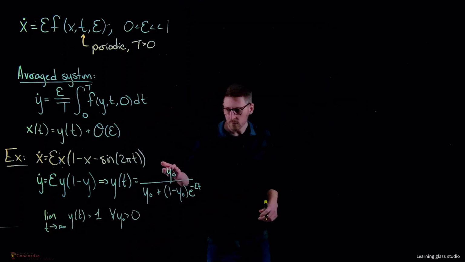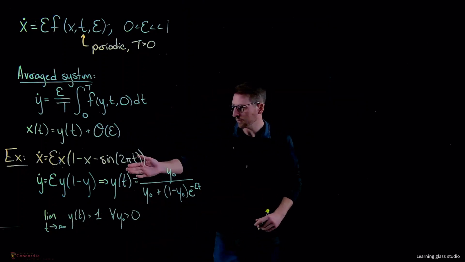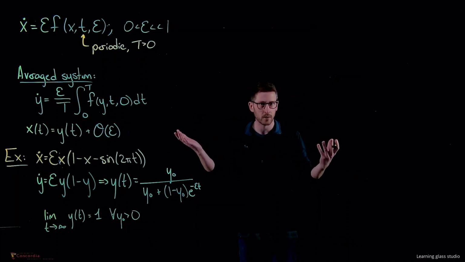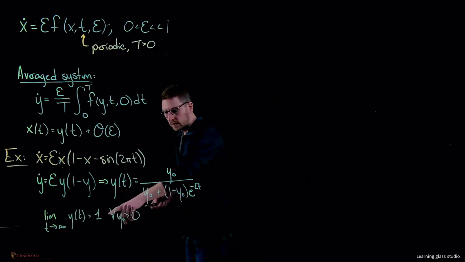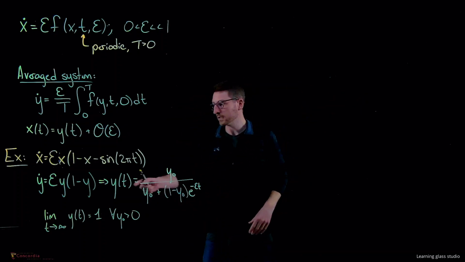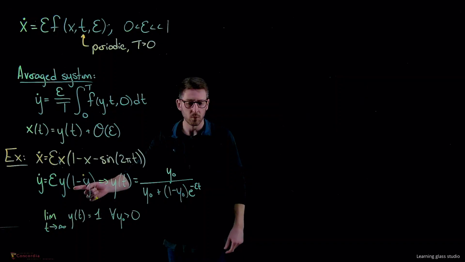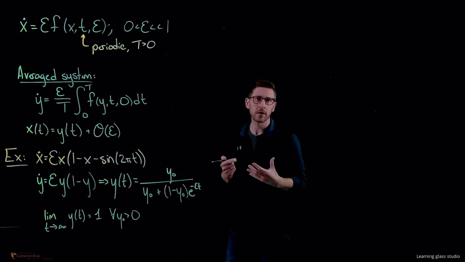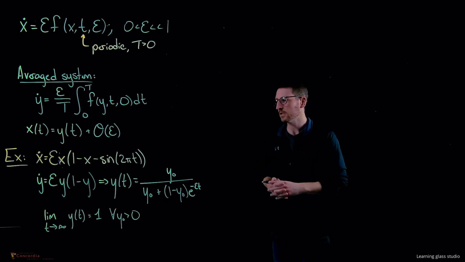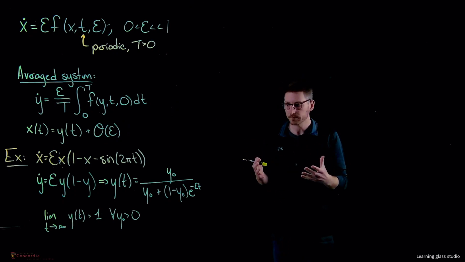So if y naught is equal to 0, then you're at your fixed point and your population is extinct, right? Populations don't come out of nowhere. So this says that your population always stabilizes to the carrying capacity. In this case, it's just normalized to be 1. So the maximal amount of species, 100% of your species that your region can support.